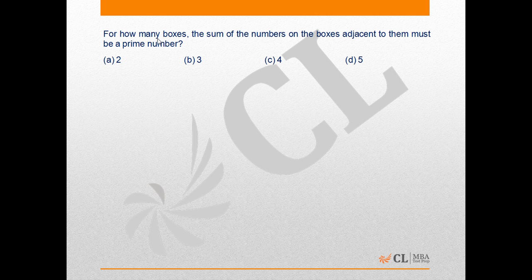On checking, we find that the required boxes are C, D and E. Here we don't need to do anything, just we need to add numbers or possible sums of numbers written on adjacent to given boxes, and on doing this we find that C, D and E are the 3 boxes that satisfy the given condition. Hence option B is the correct answer.